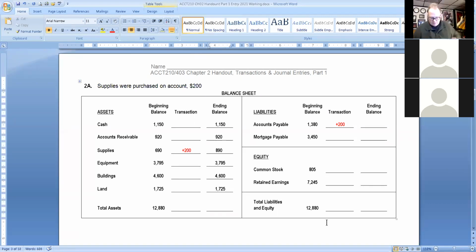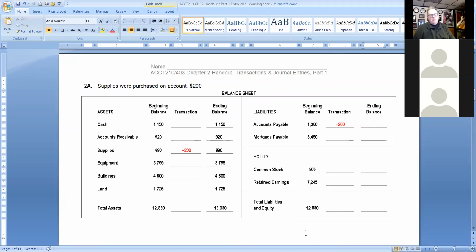Check. All right, and let's see if it comes out right. Yep. So 1380.